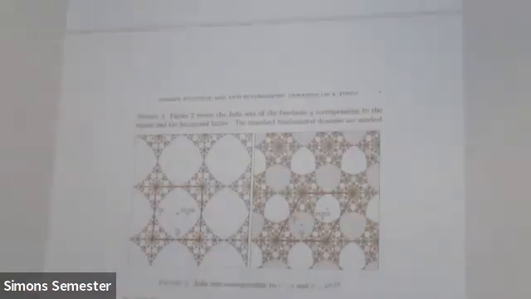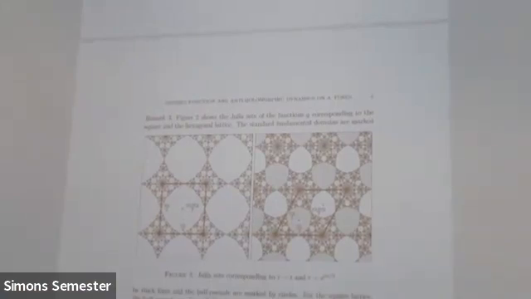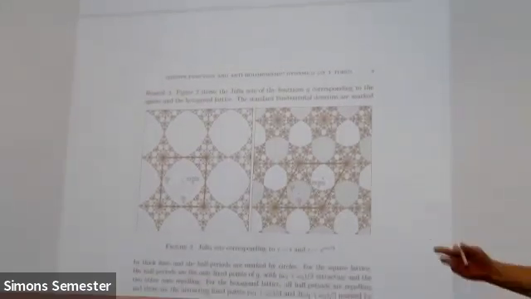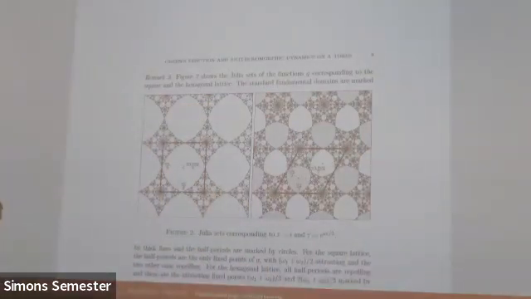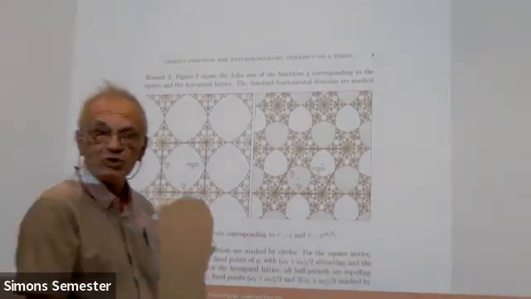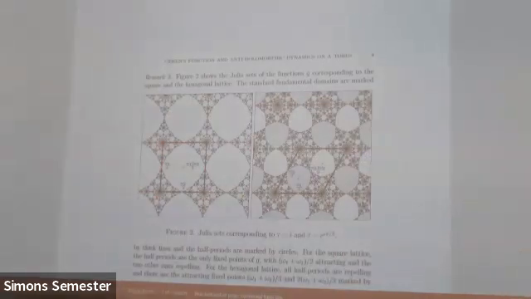Here they are. These are two pictures of the Julia set corresponding to the square and hexagonal torus. They are in different components, in different hyperbolic regions. And I can zoom in.